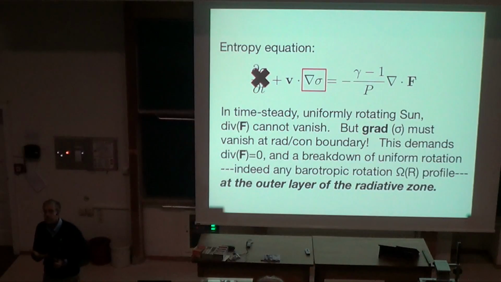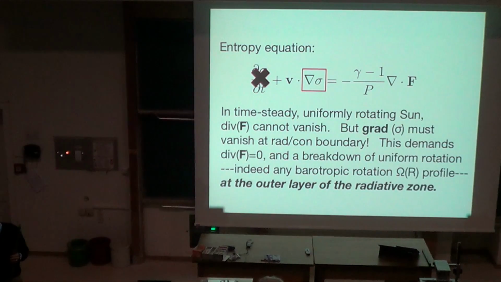Well, the answer is that the sun is not stupid. The sun knows that it can't be in a state of uniform rotation, nor can it be in a state of barotropic rotation, which also would suffer from the same problem. The sun must get into a baroclinic state somehow. And so that is what it does.